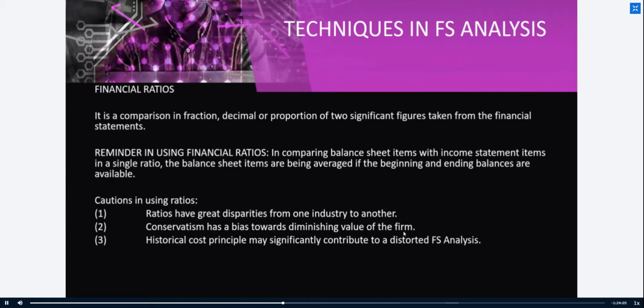For example, if you are comparing a tobacco company with a beverage company, definitely you'll see differences in terms of ratios, because the tobacco industry is different from beverages.